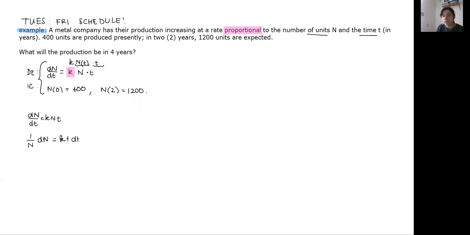So this is the next step, which is to actually separate the variables, and then we are going to have to integrate each of the sides separately. On the left-hand side, the antiderivative of 1 over N is ln of the absolute value of N. Whereas on the right-hand side, the antiderivative of k times t dt is k times the antiderivative of t, which is t squared over 2, plus a constant of integration.